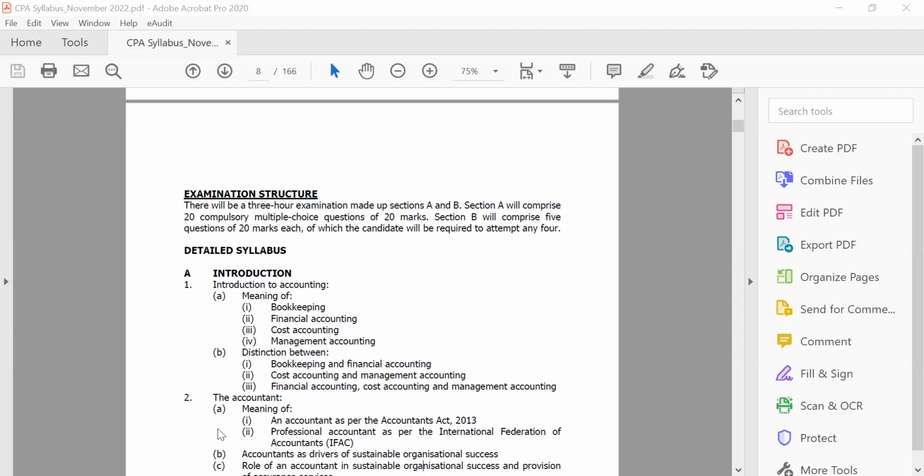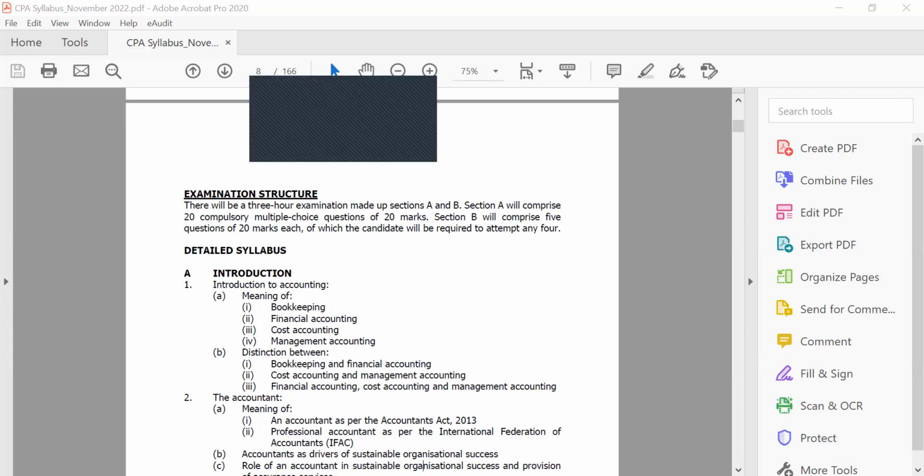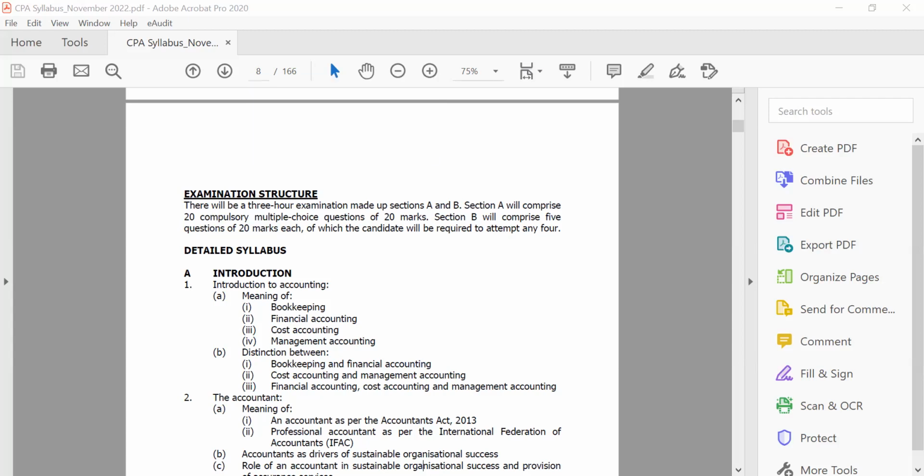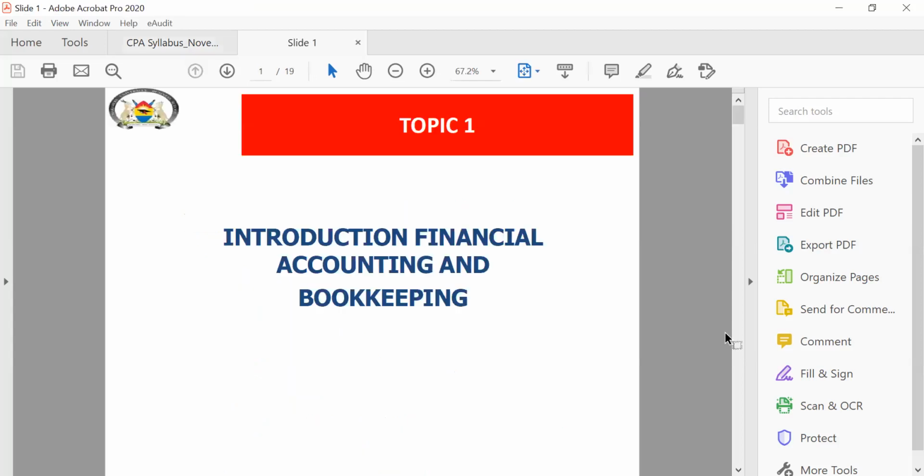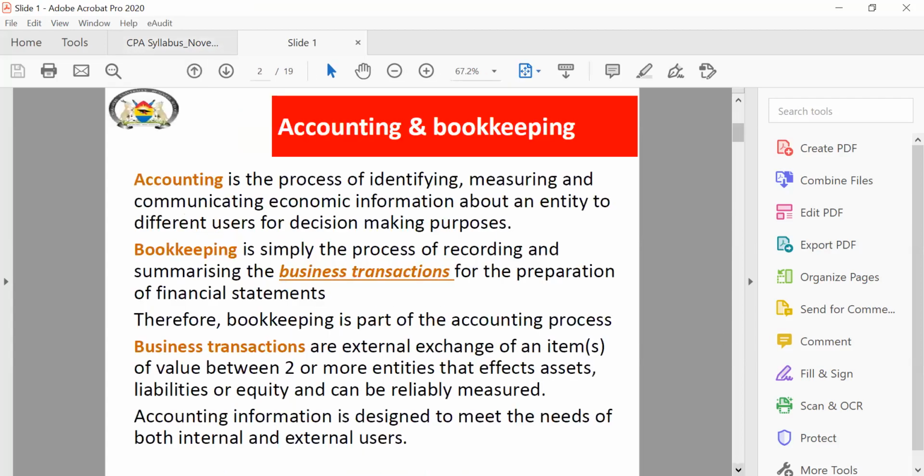And then we have what we now also call cost accounting. Now, cost accounting, and of course the accountants that do cost accounting are usually called cost accountants.